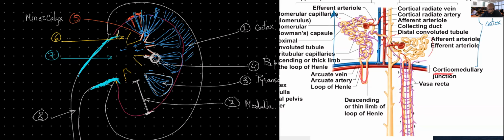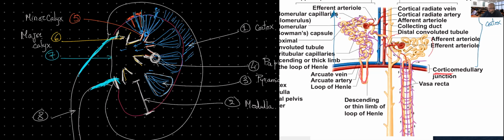And the larger ducts that will drain the urine from those minor calyces. Larger ducts, number 6, those are my major calyces.